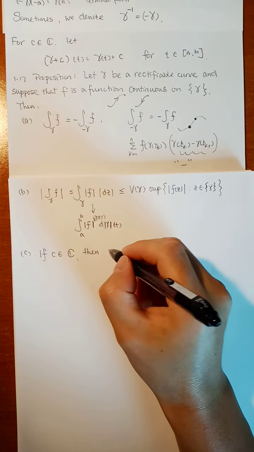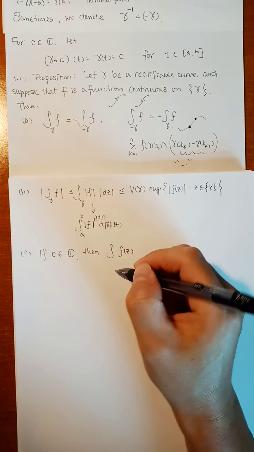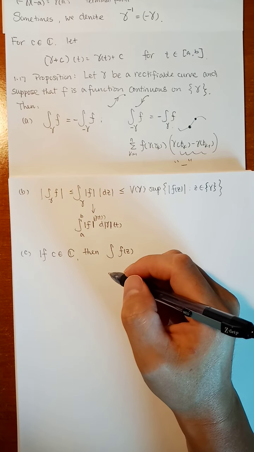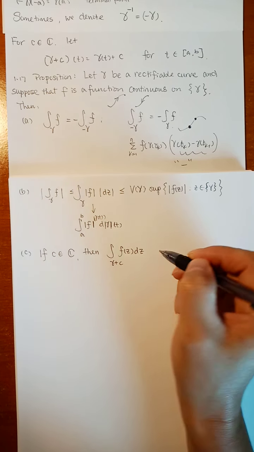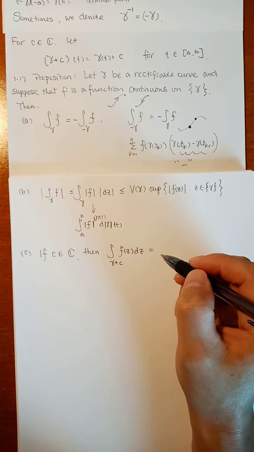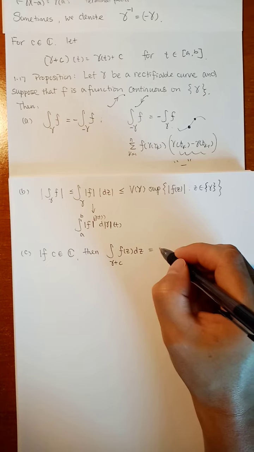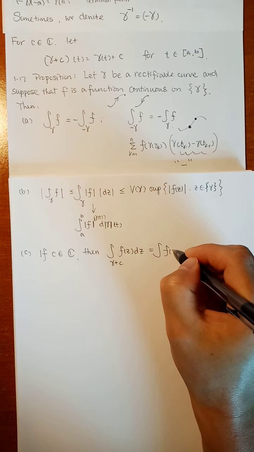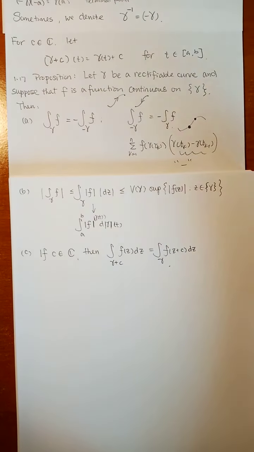Remember, the integral of f of z along gamma plus c dz is equal to this.